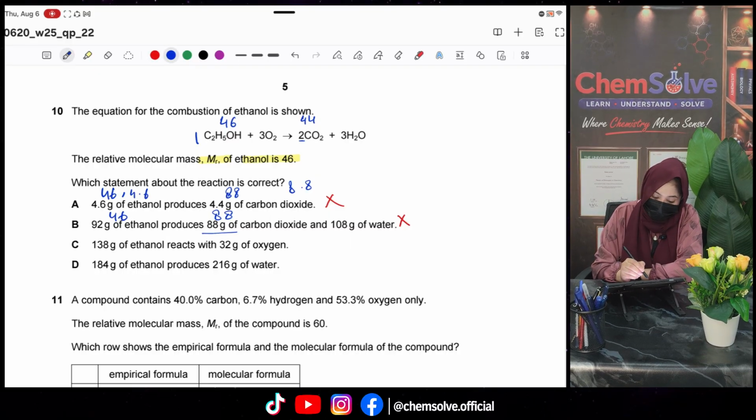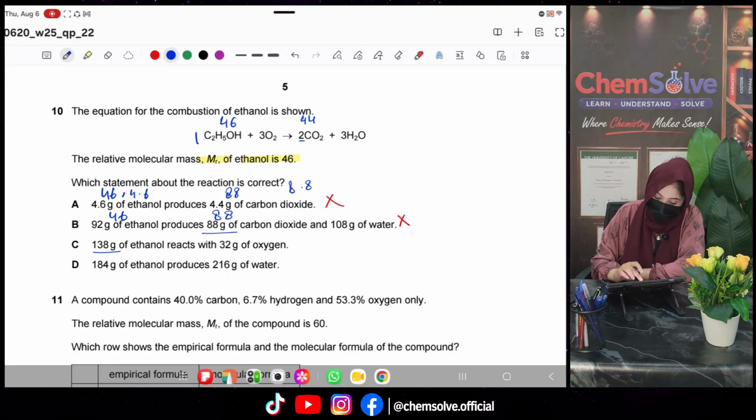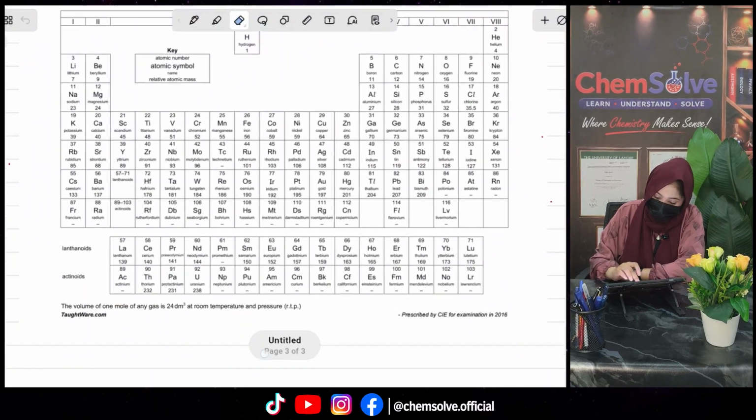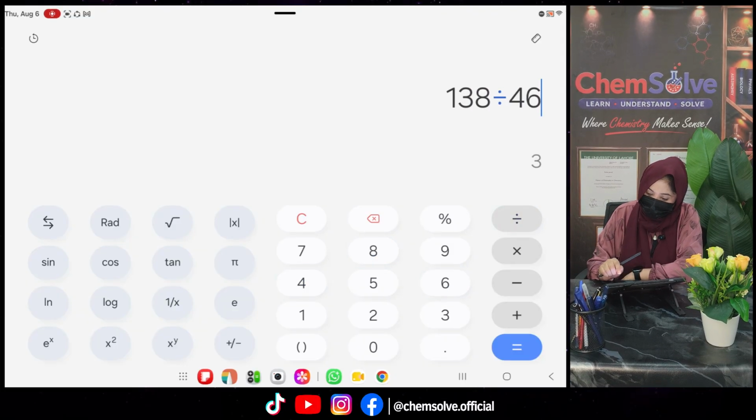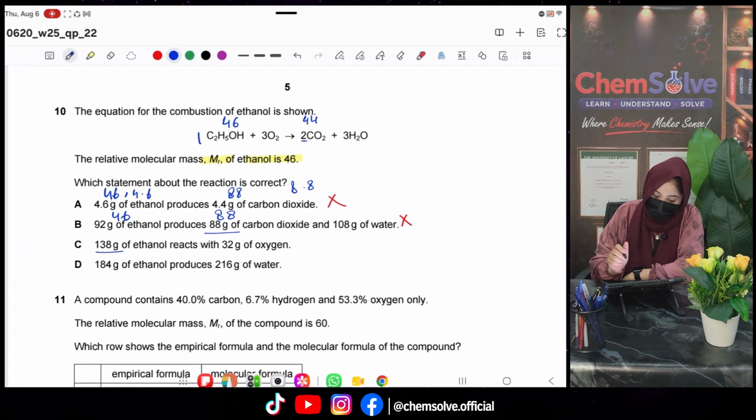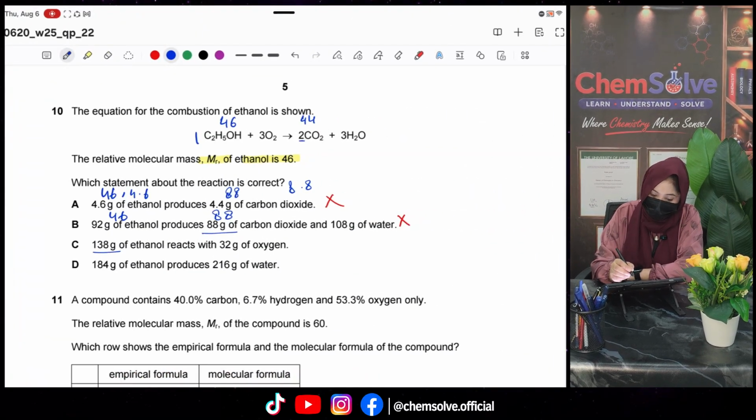Okay, if we take 138, let me calculate 138 divided by 46. It has been multiplied by 3. So if it is multiplied by 3, then oxygen is 32 multiplied by 3.